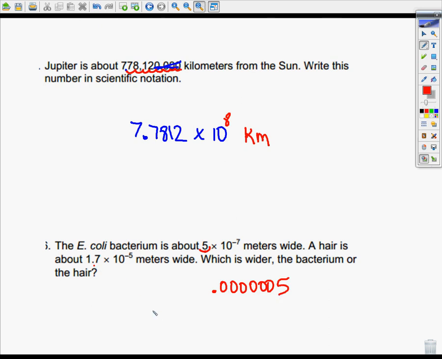And 1.7 times 10 to the negative 5, I move it 5 places. So there's a 1, and I need 4 zeros, 1, 2, 3, 4, then 1, 7. Well, this one has more zeros, so this is going to be a smaller number. So which one is wider? The hair is wider. Not real wide, but it is wider.